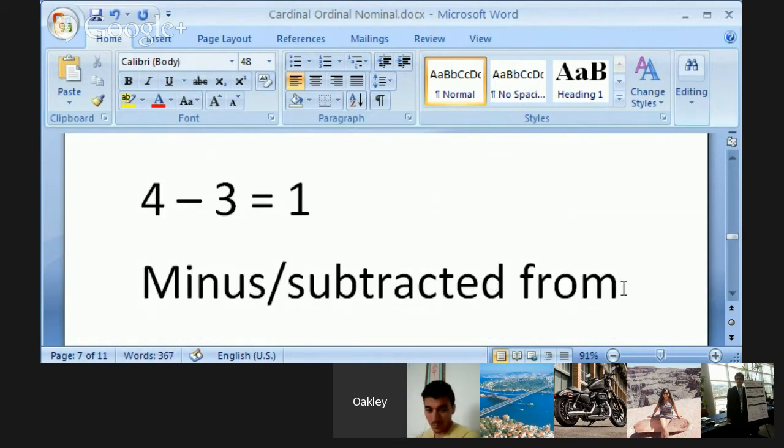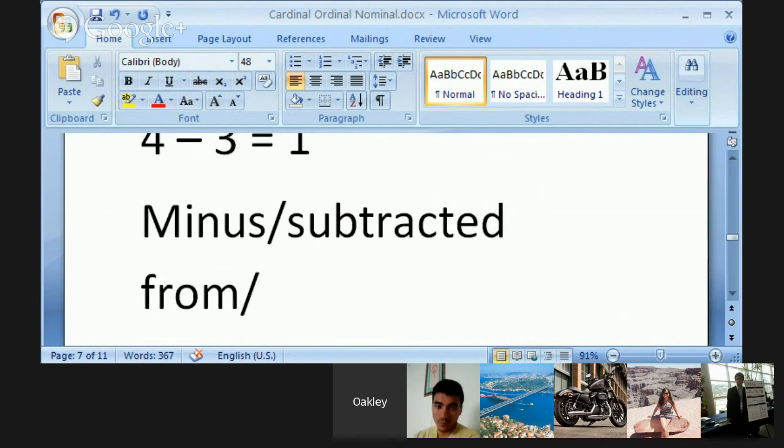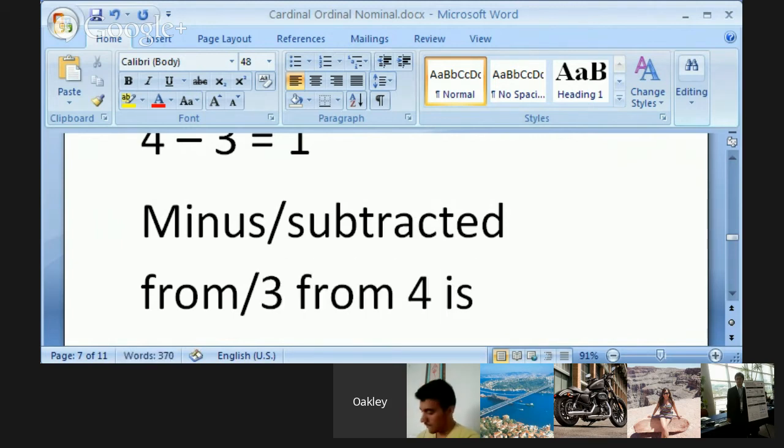Or there's another way. Does anybody know another way? Instead of minus or subtracted from, I could represent the minus sign. Okay, another way that we actually commonly say this, I might say 3 from 4 is 1. 3 from 4 is 1.